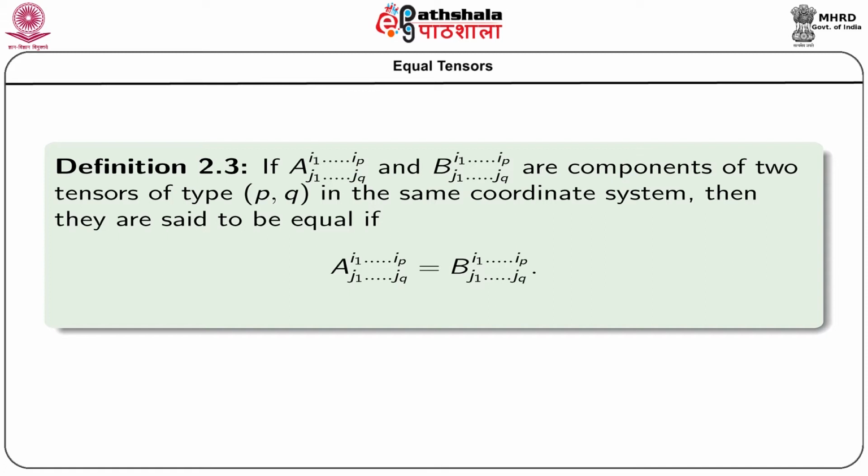That means A i1, i2, ip, j1, j2, jq is equal to B i1, i2, ip, j1, j2, jq. So, in the first three definitions, we just see how the addition and subtraction of tensors are done, how the multiplication with a scalar can be done, and what is the definition of equal tensors.